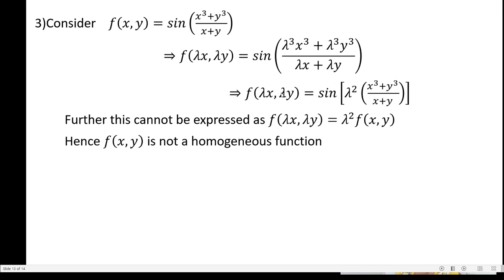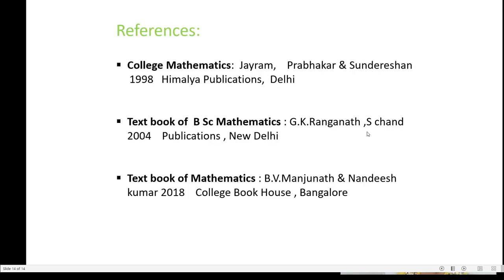Take lambda cube as common from the numerator and lambda from the denominator. One lambda gets cancelled. We have sine of lambda square into x cube plus y cube divided by x plus y. Now look here, we can't write this f of lambda x comma lambda y as lambda square into f of x comma y. Therefore, it's not a homogeneous function. Thank you.